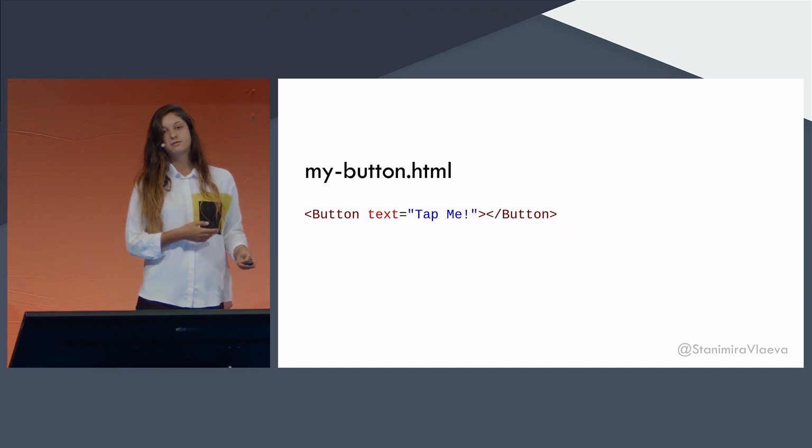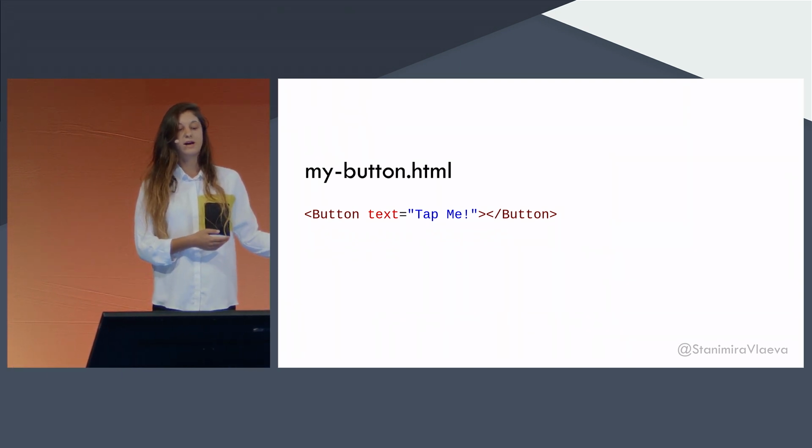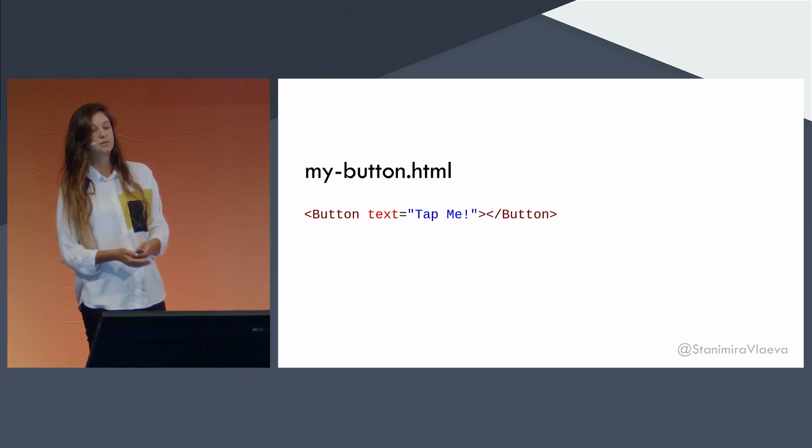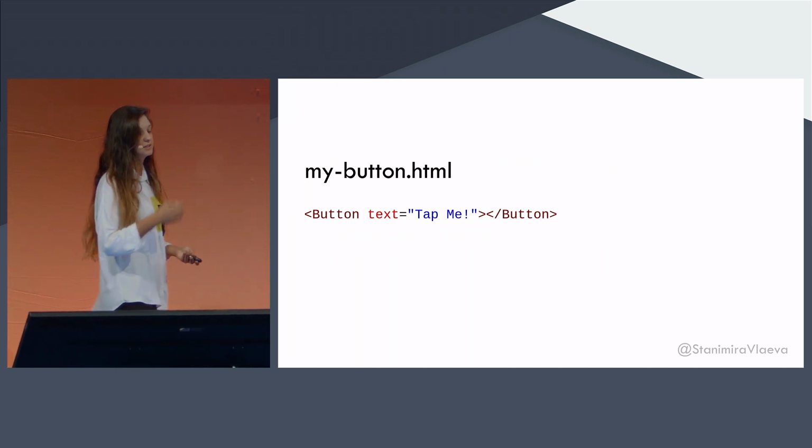So as you can see, this is a simple XML tag with a simple attribute. And it's important to note that because you're building native widgets and native user interface, you're not using HTML, and you're not modifying the DOM or anything like that. You're using pure native elements. This is why the UI layer in NativeScript is quite different from the UI layer that you may have in a web application.